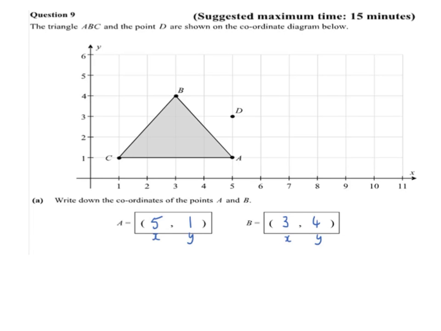And then we see what it lines up with on the y-axis. So this is our y-axis. And the B lines up with 4 on our y-axis. So 4 is our second number. So our x value is 3 and our y value is 4. So the point B is (3, 4).